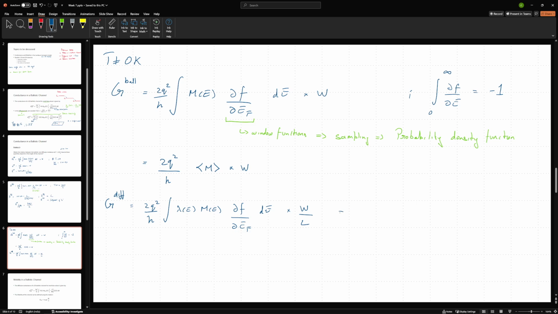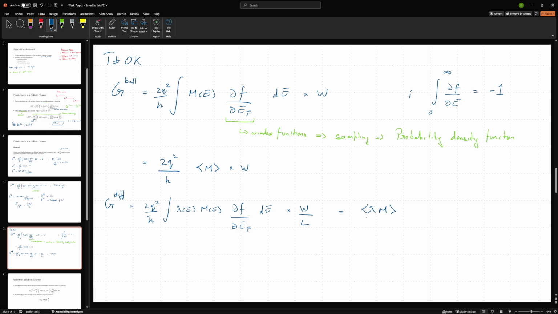As you can see, this will come out to be the average of this quantity, lambda times M, because I'm essentially averaging both of these with respect to this energy window. So this is kind of a product. This is the number of modes available multiplied by the mean free path in that mode.